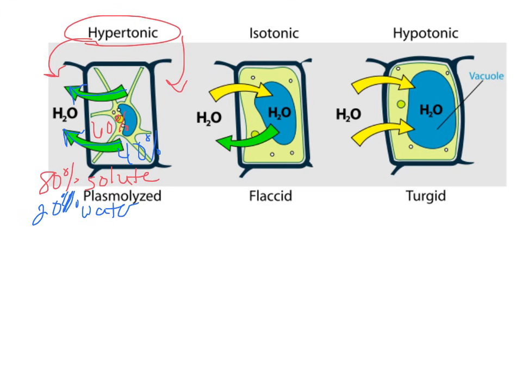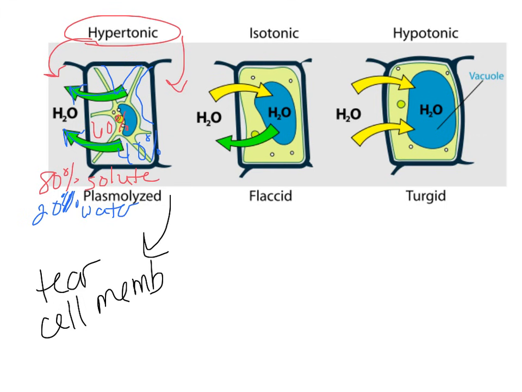It's going to shrink the cell membrane, though. You can see that's what all this is, where it shrinks the cell membrane. And that's called plasmolysis, which is when the cell membrane tears off of the cell wall. And that will kill the plant. That's how you kill a plant from not watering it: when the plant goes through plasmolysis, it's been plasmolyzed, and the cell membrane has been ripped off of the cell wall.